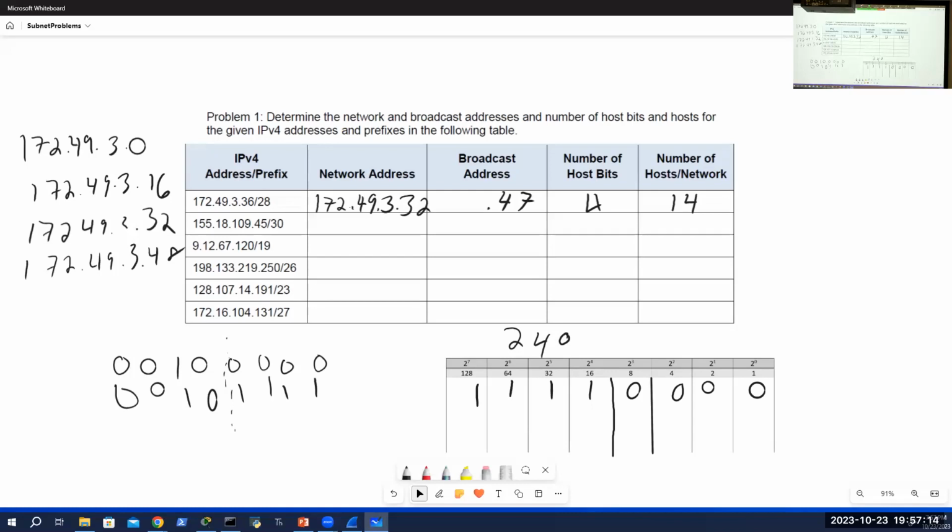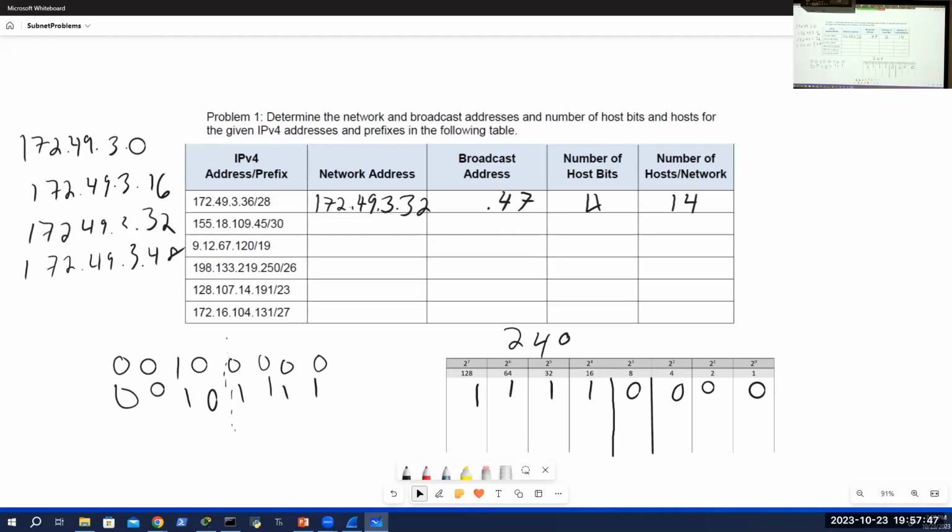So let's say there were 4 host bits here and that it gave you 14 hosts. What if I asked you the opposite question? Let's say I need 62 host addresses for each of my subnets. How many host bits do I need to be able to make that work?